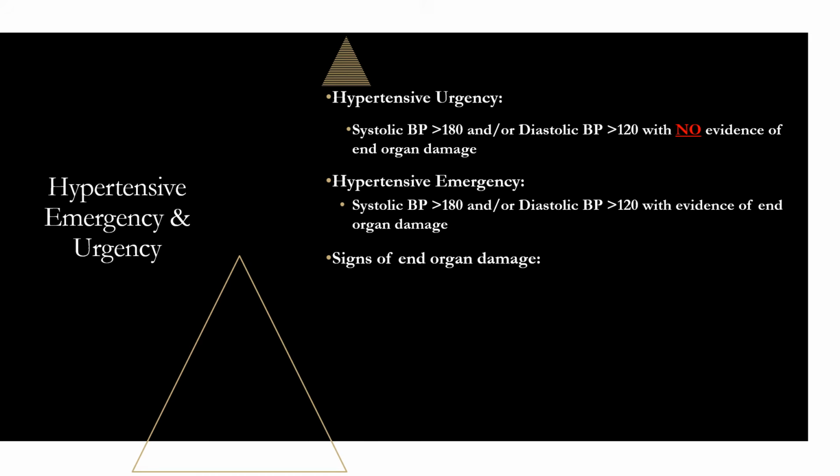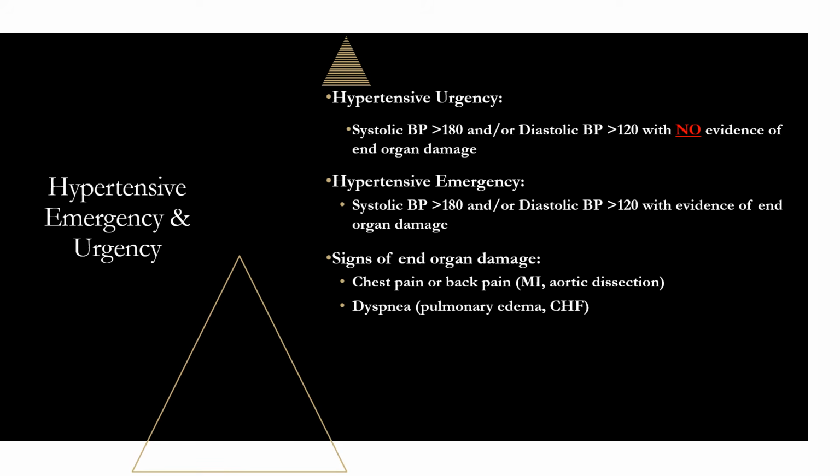Their organs are just getting messed up because of how high the blood pressure is and how long it's been going on. So some signs of end organ damage: chest pain, back pain. These patients may have an MI, an aortic dissection. They may be having those symptoms. Dyspnea, may have some congestive heart failure, pulmonary edema due to the hypertension. Altered mental status, they may be having an ischemic or hemorrhagic stroke.